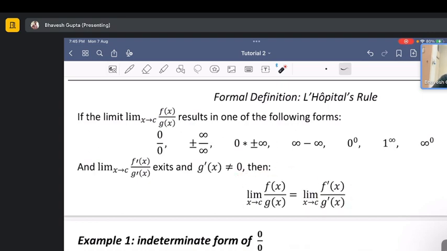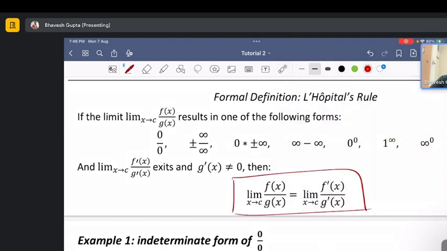So the original limit and the limit of the derivatives of this numerator and denominator, those limits are the same. So this is what is called the L-Hospital rule, but it's actually pronounced as L'Hopital rule. Okay, it's L'Hopital rule where H is silent.